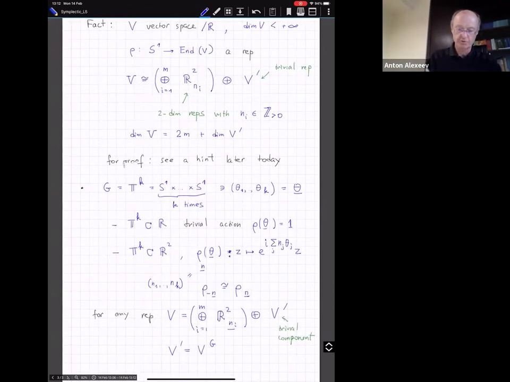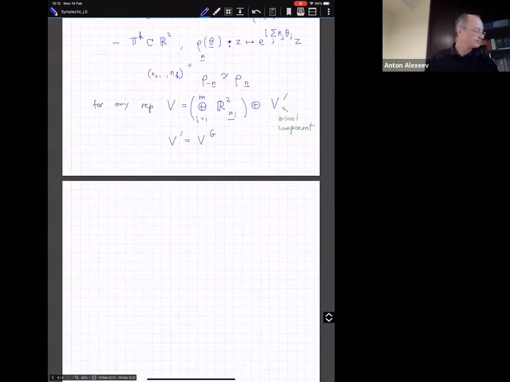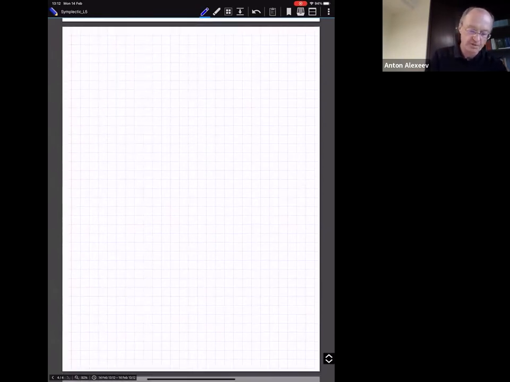I want to show you two more examples, which are, of course, also very easy. Let's say G is equal to U(n). Then, just by definition, these are matrices, so U(n) acts on C^n, which is isomorphic to R^2n.